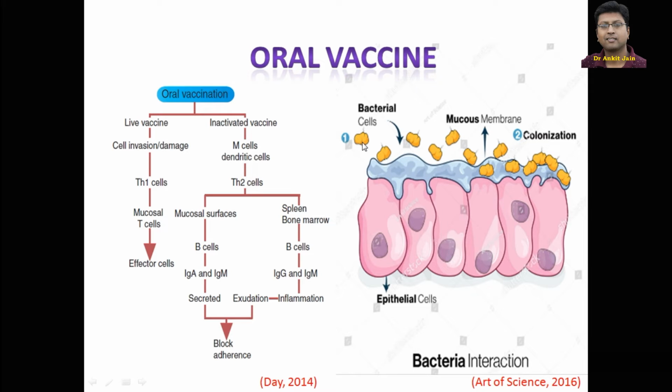Otherwise this virus or bacteria will be enclosed by this mucous membrane, and will come out by the sputum or by the nasal discharge. So it is recommended that we introduce live vaccine, because the live viruses or live bacteria will attach to the surface, and that will damage a particular cell, and due to that damage the immune system will produce the T helper cell 1 response.